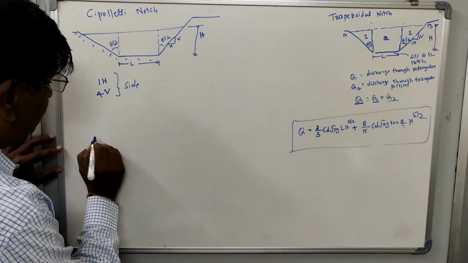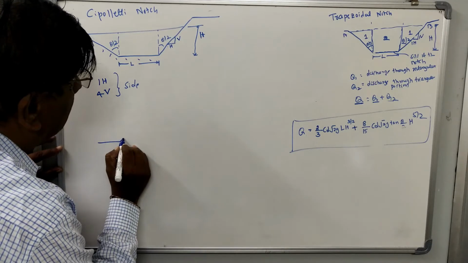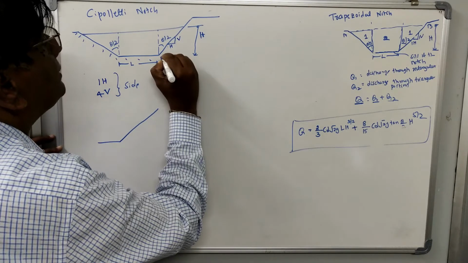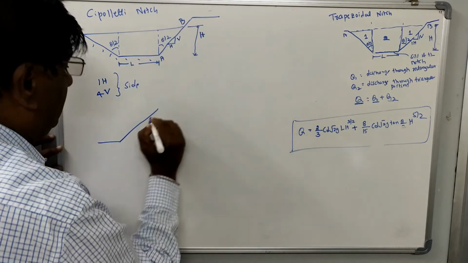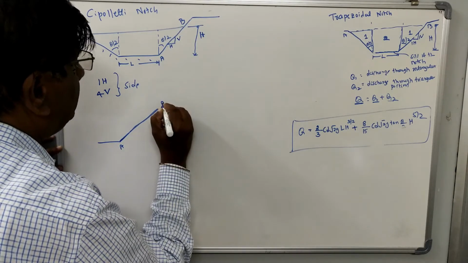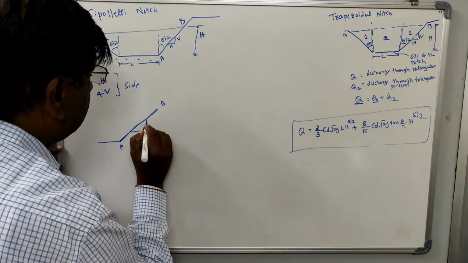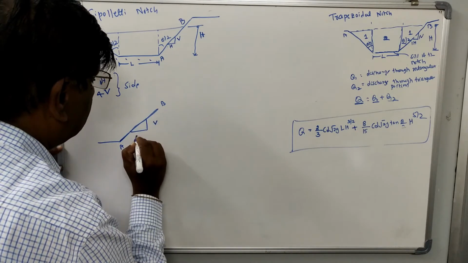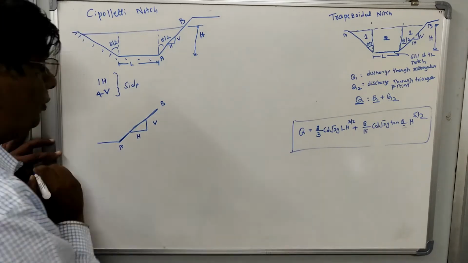Side slopes means what? Suppose this is AB, this is A, this is B, and as I told you, this is the vertical slope, this is the horizontal slope.